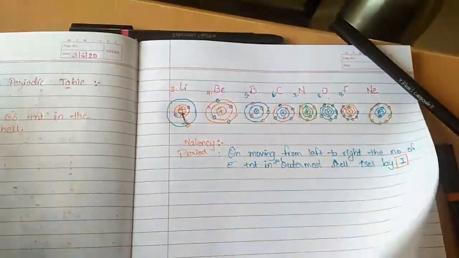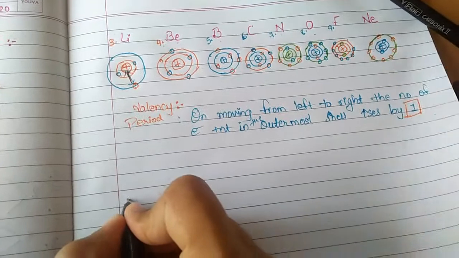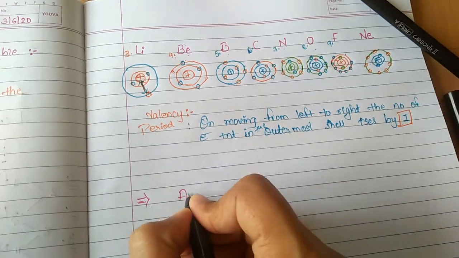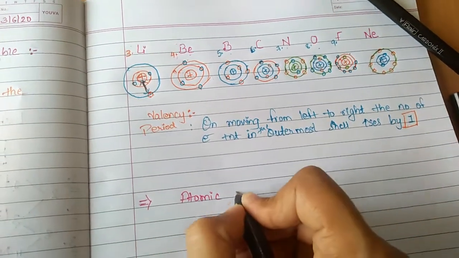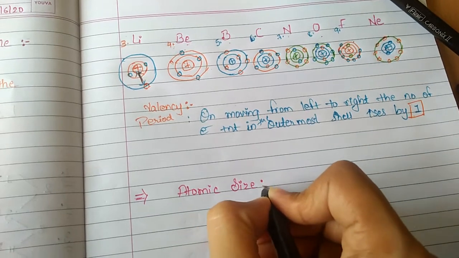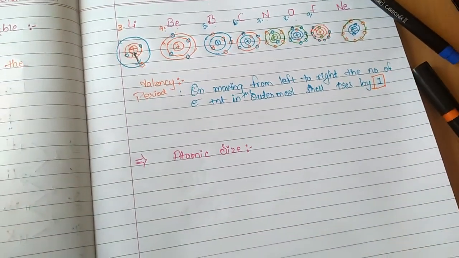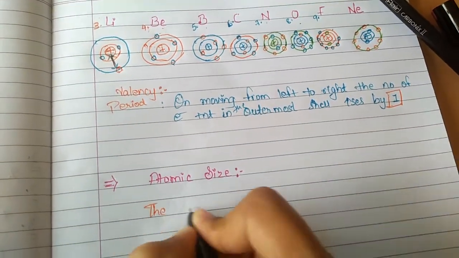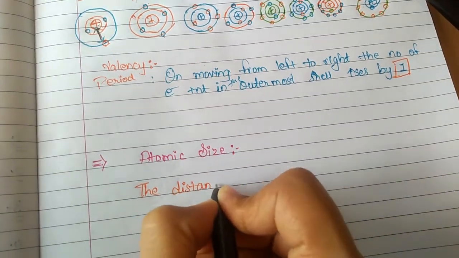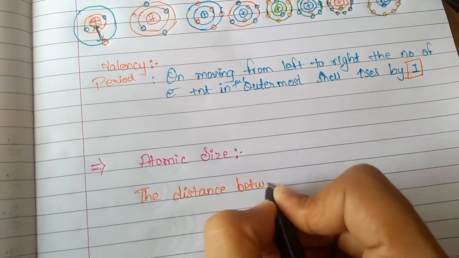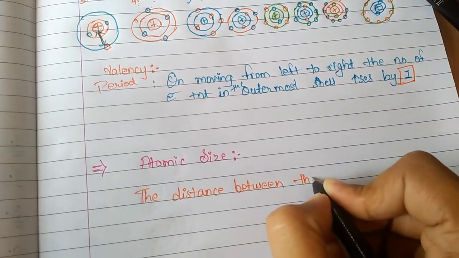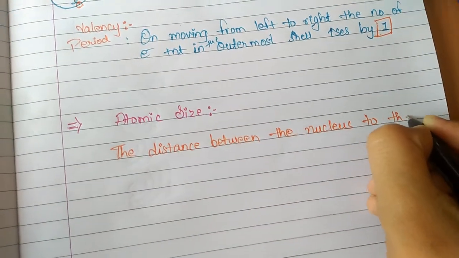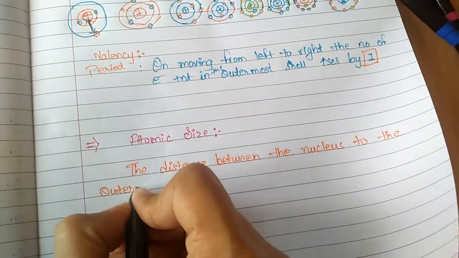Now the next topic is atomic size. So what is atomic size? Atomic size is nothing but the distance between the nucleus and the outermost shell.